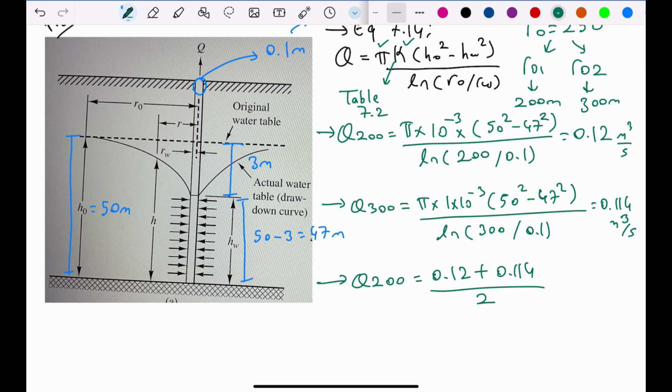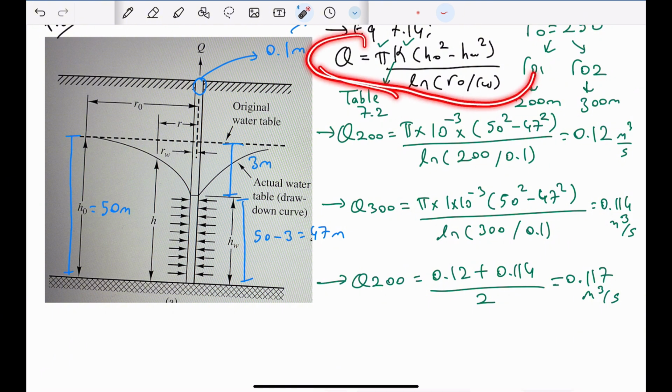So we are just taking the average of these two discharges. So it will give 0.117 cubic meter per second. You can also use this equation to find the discharge at 250 meters radius of influence. So it will also give the same one. So you can use either way.